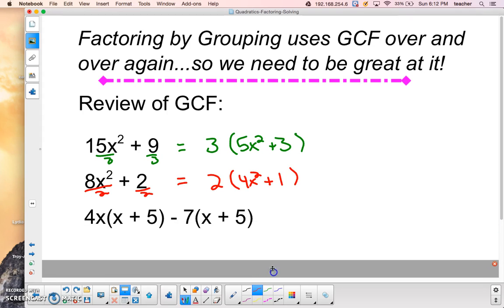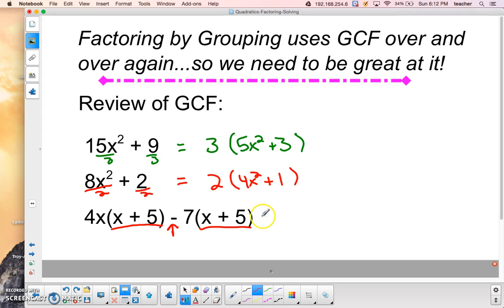The last example looks a little more complicated, but remember that terms are separated by plus and minus. And so this is one big term, and this is another big term. And the GCF, what they have in common, is an expression instead of just a number or a variable or both.